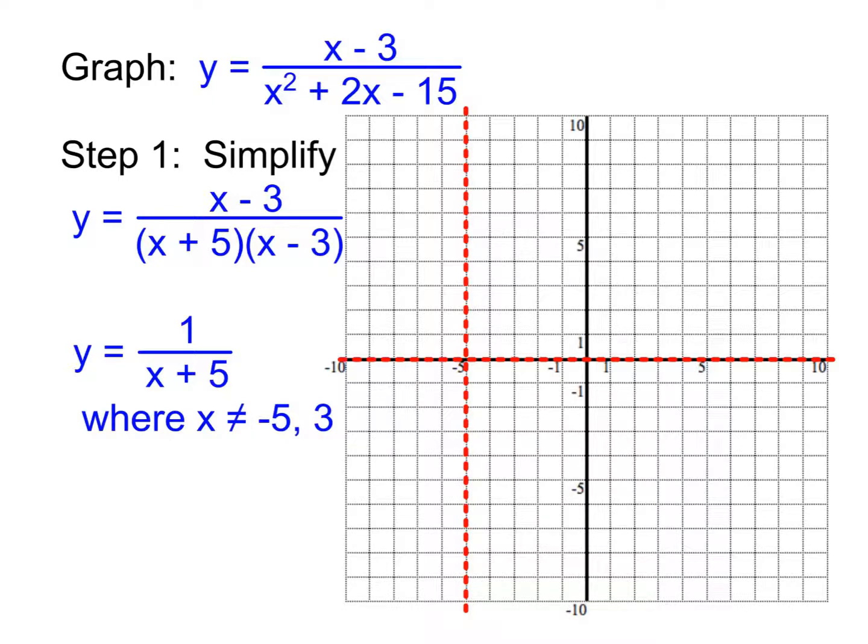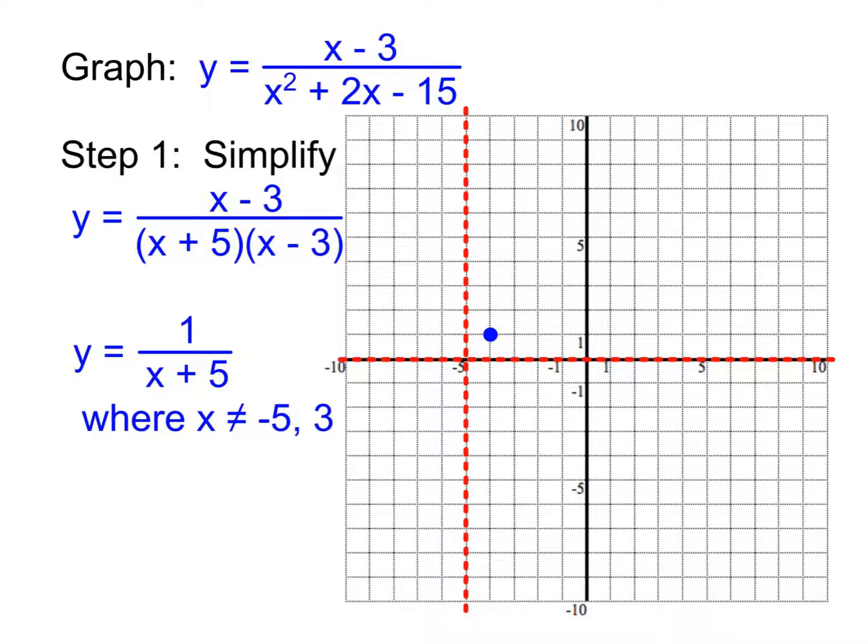And so, in order to make the graph, we start by drawing in our two asymptotes. Go ahead and draw those in if you haven't yet. And then once you've drawn in the asymptotes, go ahead and draw in the graph. So we're graphing 1 over x plus 5. There's no stretch or anything. So for instance, the first point's at 1, 1 from the asymptotes. Remember, everything's relative to the asymptotes here.